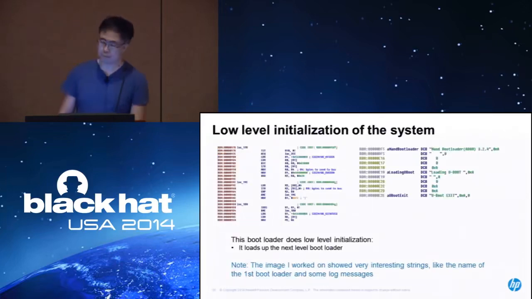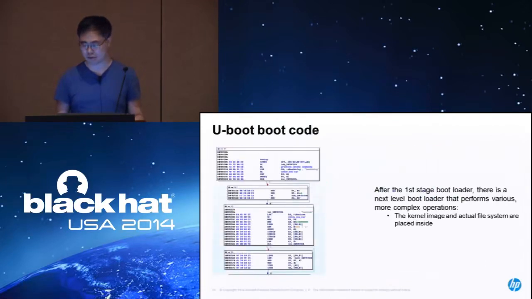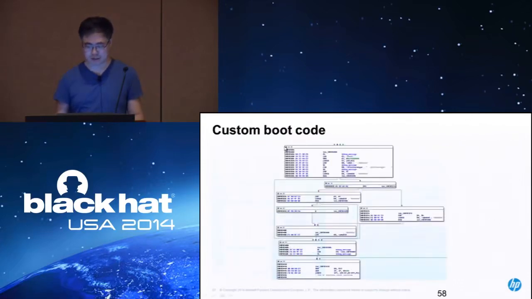And if you look further, the first stage bootloader looks like this, and it shows some very interesting strings, but it's really hard to understand unless you are familiar with the instruction set architecture. And on the U-Boot side, if you open up the U-Boot code, it shows some very interesting strings like U-Boot parameters and all this interesting stuff.